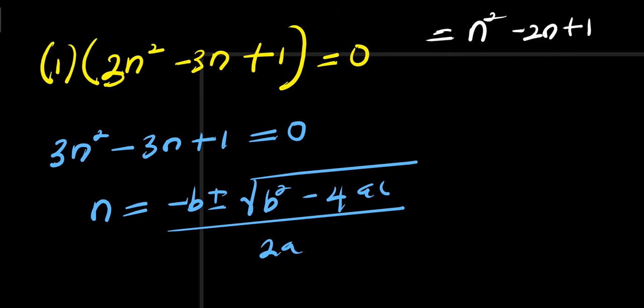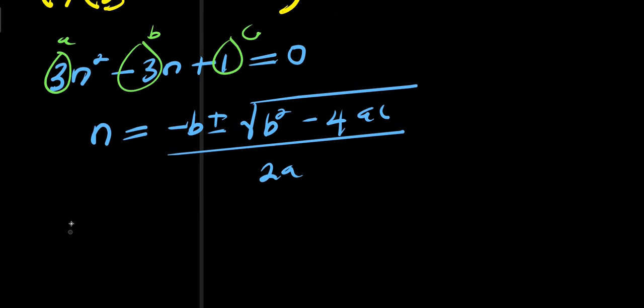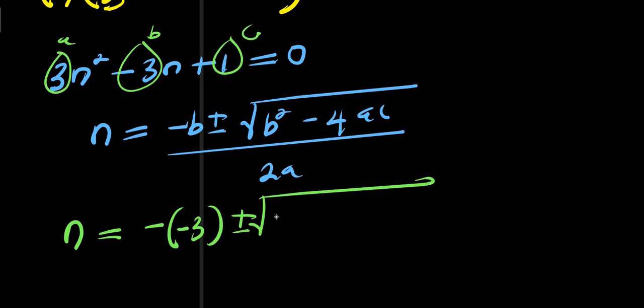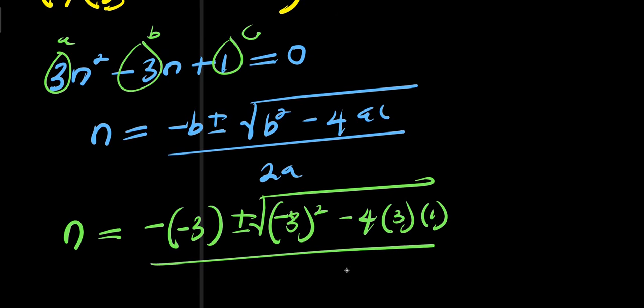And from this particular equation, this is our a, negative 3 is my b, 1 is my c. So I'm going to have n equals negative b, negative times negative 3, plus or minus square root of negative 3 to the power of 2 minus 4 times a, that is 3, times c, that is 1, divided by 2 times a, that is 3.